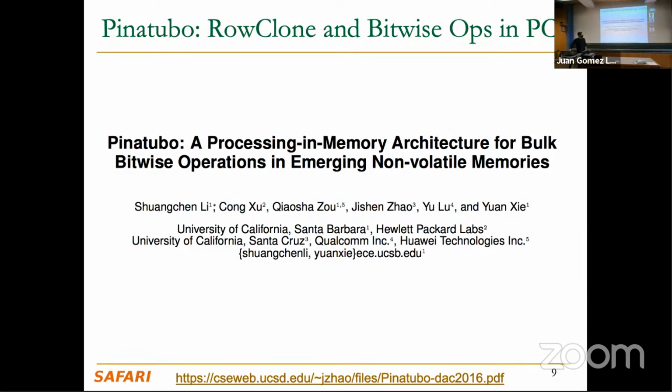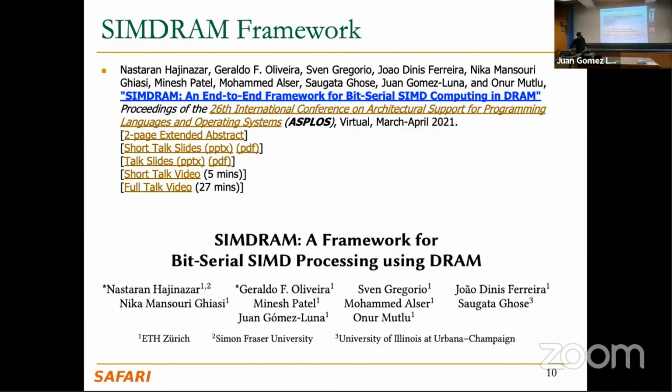Pinatubo, for example, presented at DAC 2016, is a good example of that for phase change memories. And this is the SIMDRAM framework that I mentioned before that gives us the ability to create new instructions, more complex than the ones that were presented in the original Ambit paper.